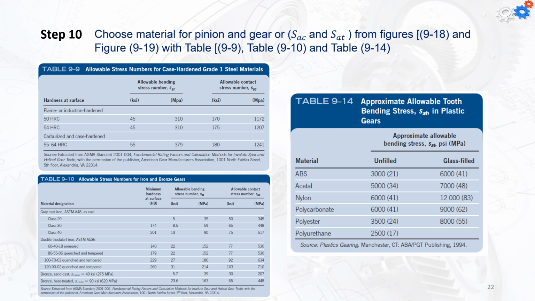If you prefer to use the tables instead of the graphs for step number 10, you can choose table 9.9, 9.10, and 9.14. Table 9.9 gives the lowest stress for case hardened grade 1 steel material. Table 9.10 gives the lowest stress number for the iron and bronze gears. And 9.14 gives the approximate allowable bending stress in plastic gears.